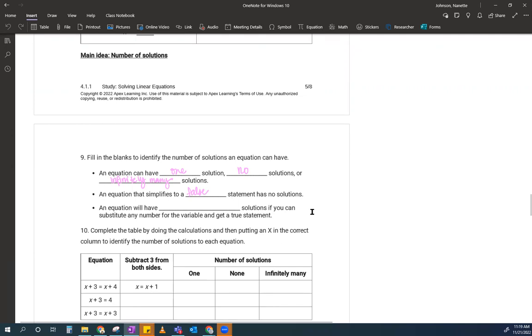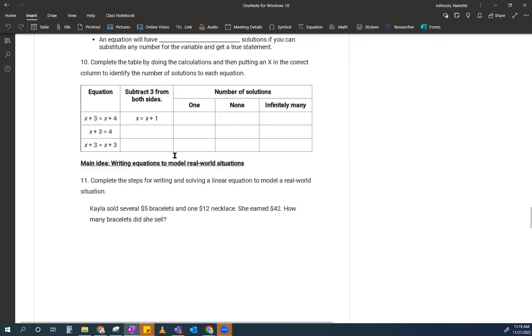Well, that's not true. 4 doesn't equal 10. So that would mean that there's no solution. And infinitely many solutions is if you can substitute any number for the variable and get a true statement. Any number. And you'll see in a little bit.